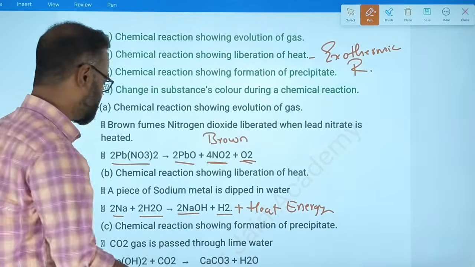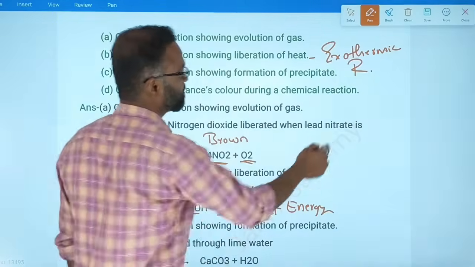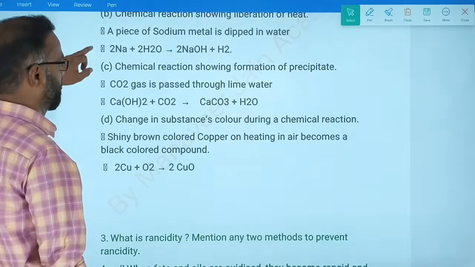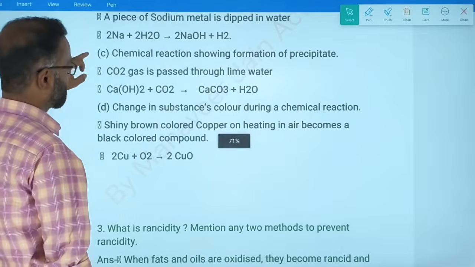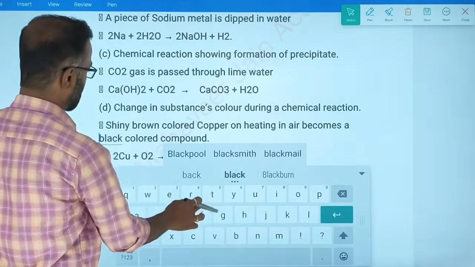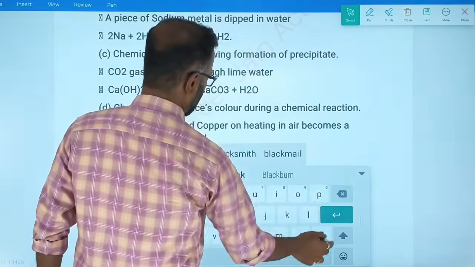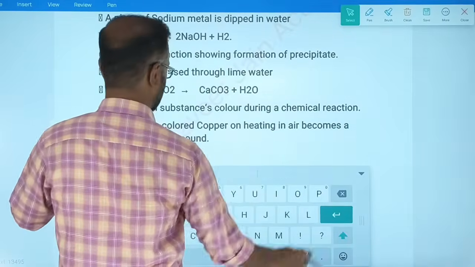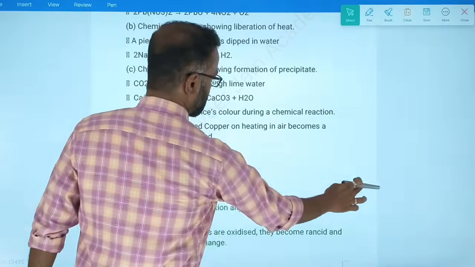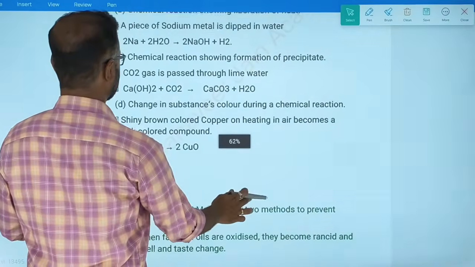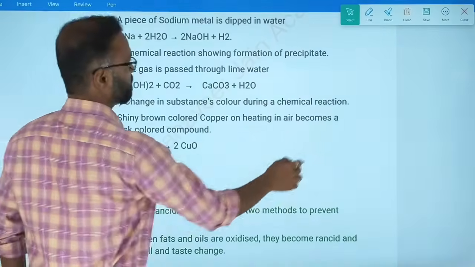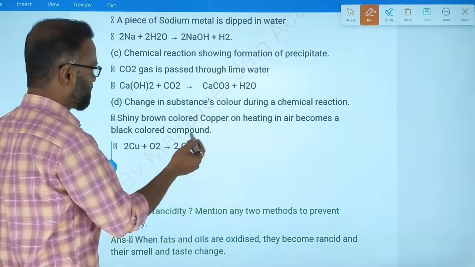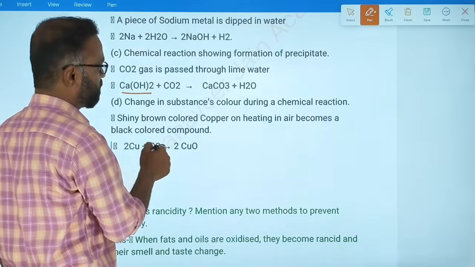So many examples. One such example we can take over here is the formation of the white precipitate of calcium carbonate when we pass carbon dioxide through lime water. Lime water is calcium hydroxide, formula Ca(OH)2.